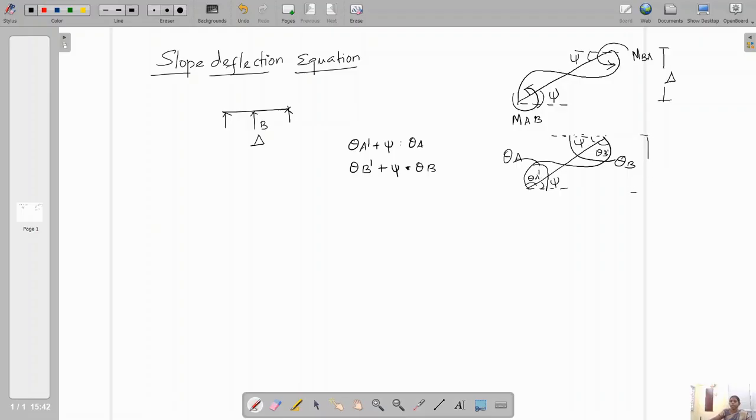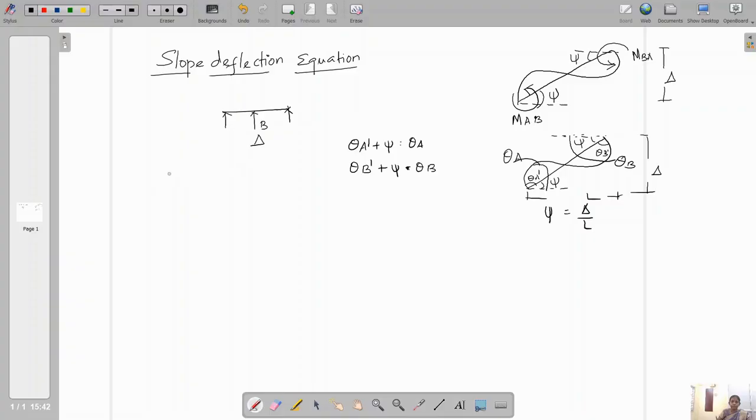And we are considering the deflection at any one of the support, that is sinking of the support. The psi can be written as delta by L because the span of the element is L, the vertical, that is opposite by adjacent. Delta by L is psi. Psi is also an angle. Okay.